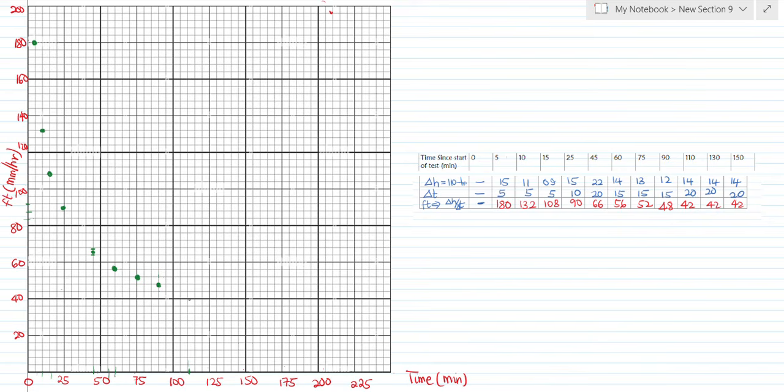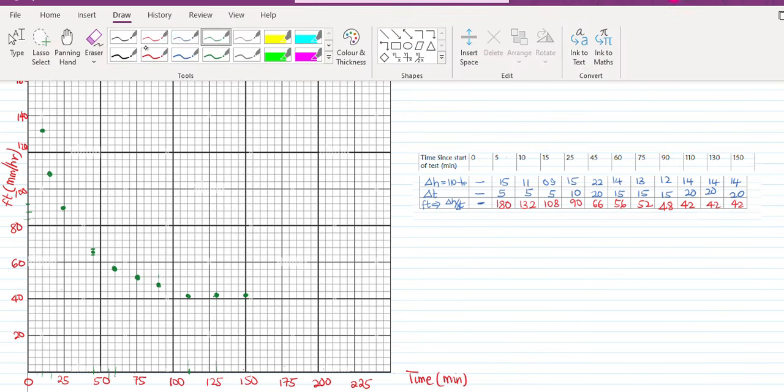So this is 40, 44. So 42 is going to be in between somewhere here. Then 130 also goes with 42, then 150, 250. Then we plot the graph.